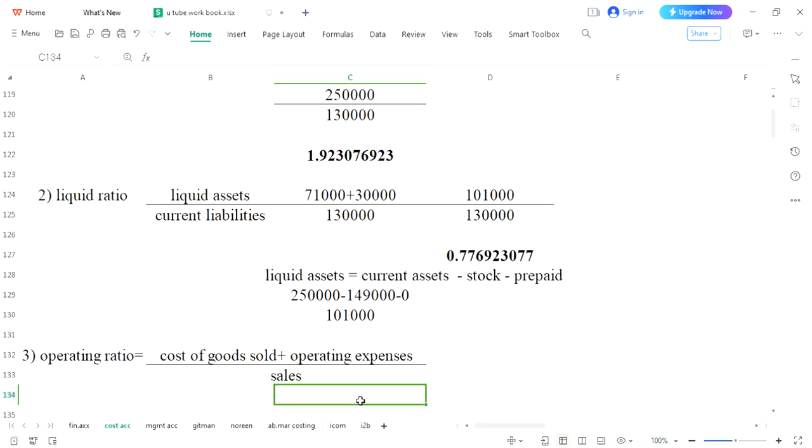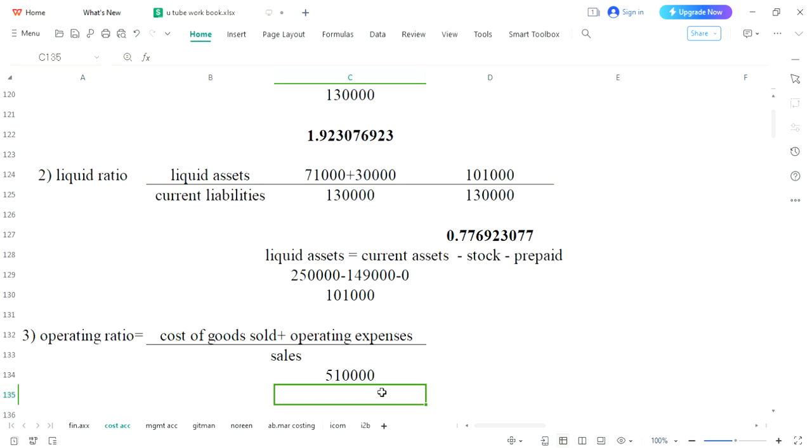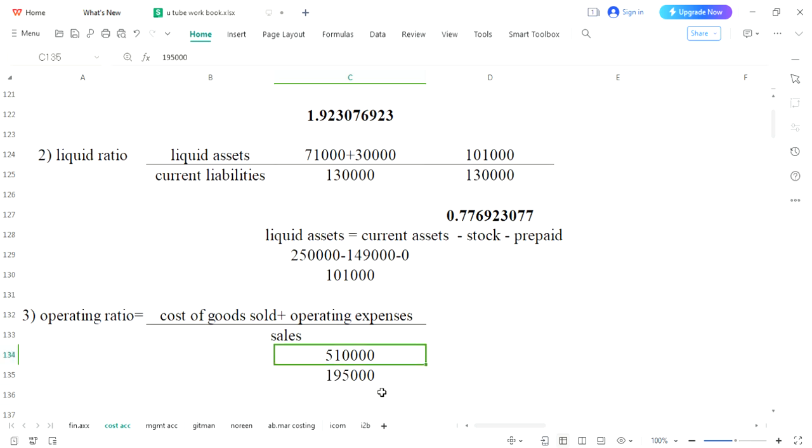Now just apply these values to their places. 5,10,000 is cost of goods sold calculated over here. 195 is operating expenses, just put over here. In this way, the values of our formula are completed.